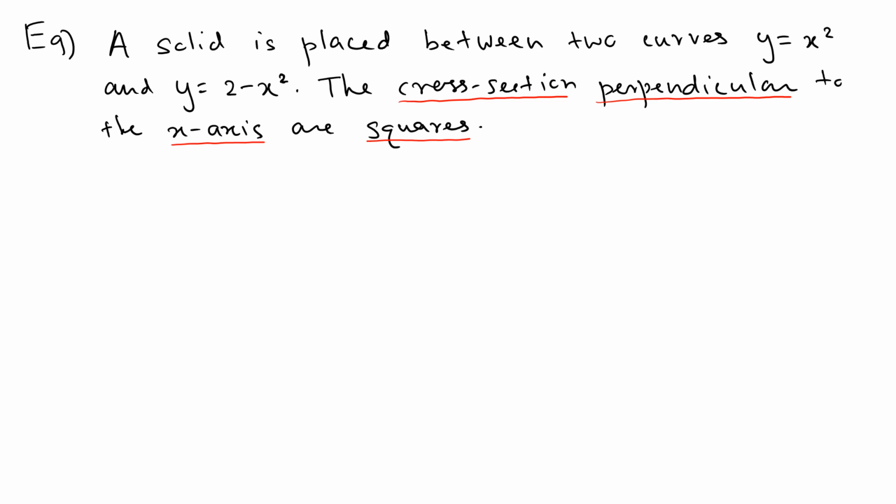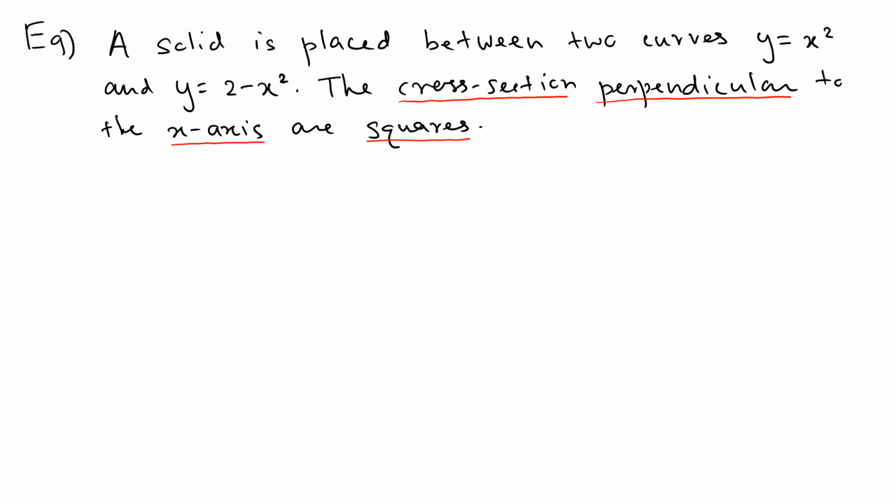Let's graph the situation. Let's first graph the two curves: one is y equals x squared, the other is y equals 2 minus x squared. That one is 0 at plus or minus square root 2.